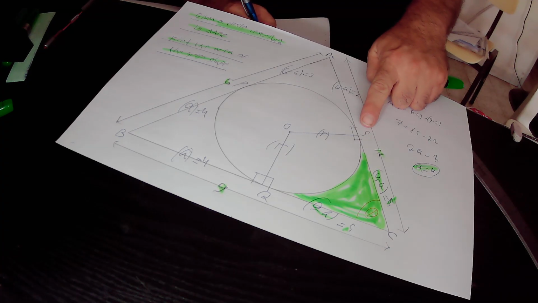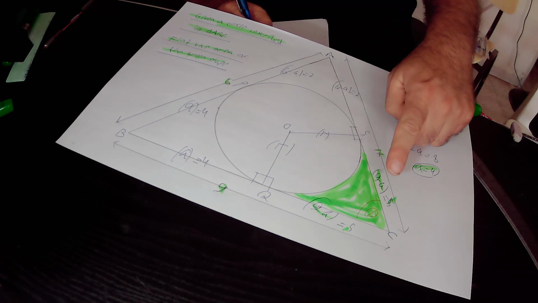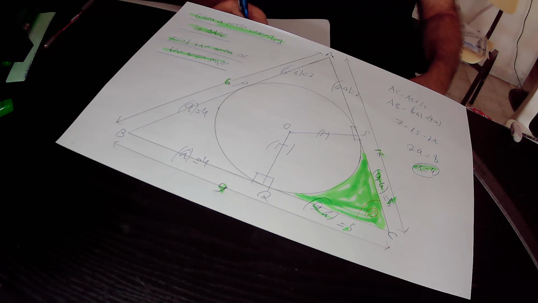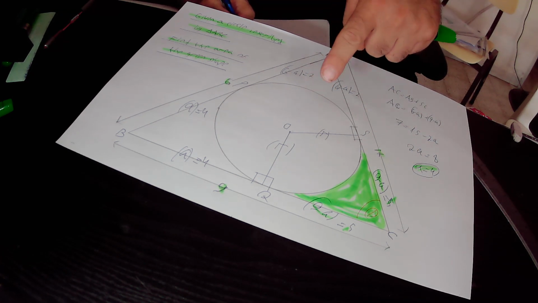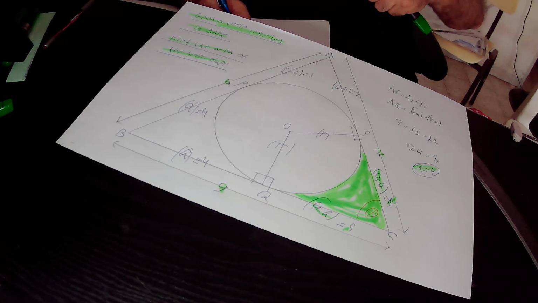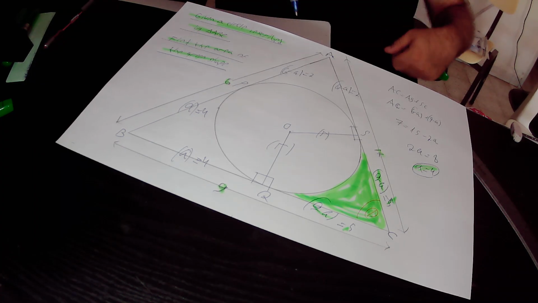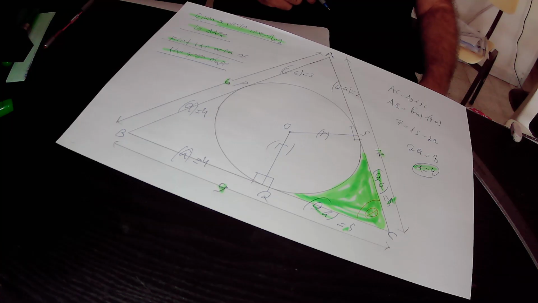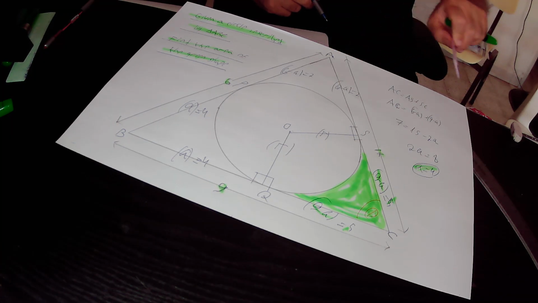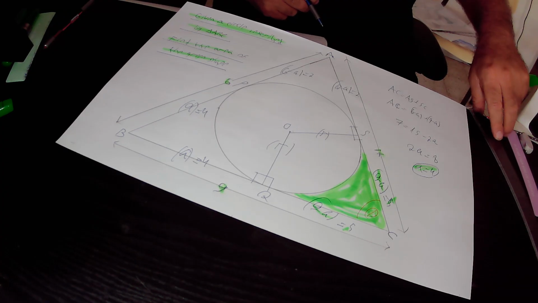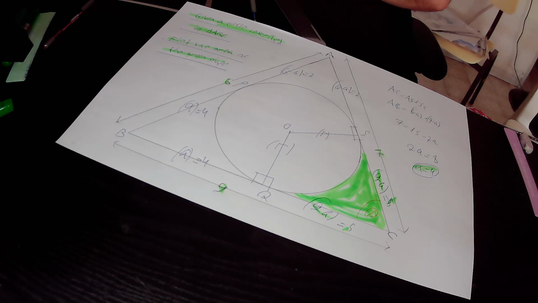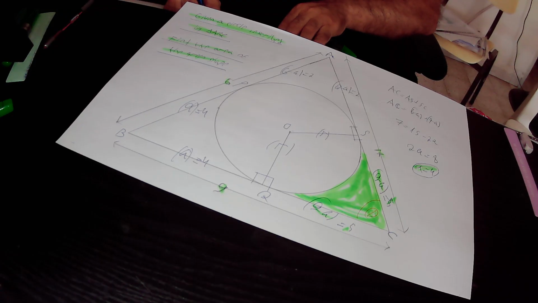This is also a right angle, equal to 90 degrees. This is angle theta. This is the missing angle QOS. So the sum of those four angles inside quadrilateral OQCS must be equal to 360 degrees, according to the rule that says that the sum of the angles in any quadrilateral is equal to 360 degrees.